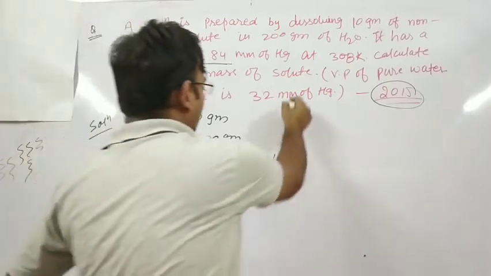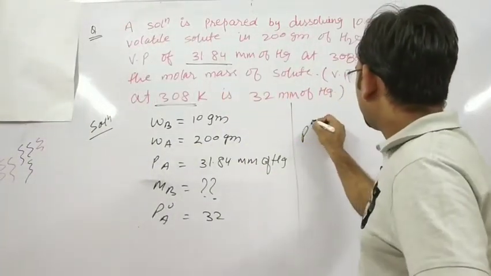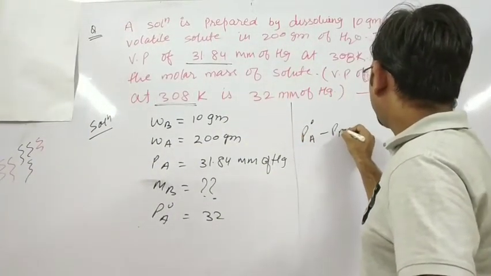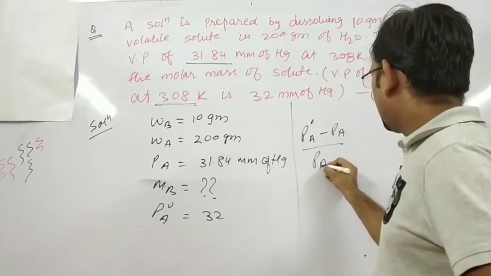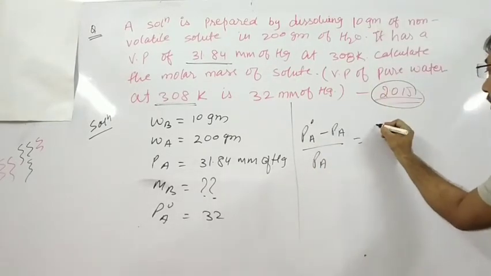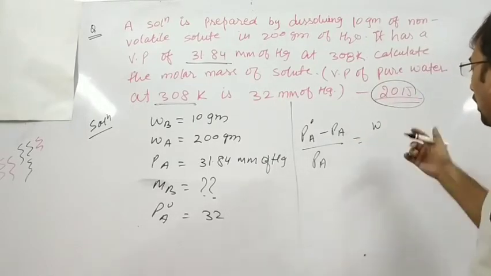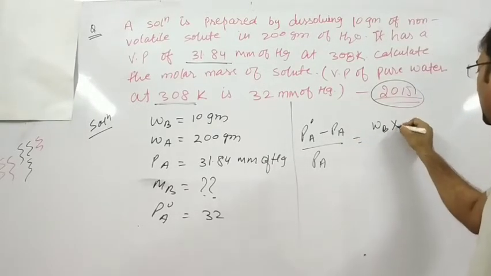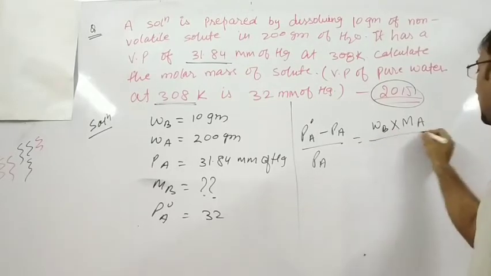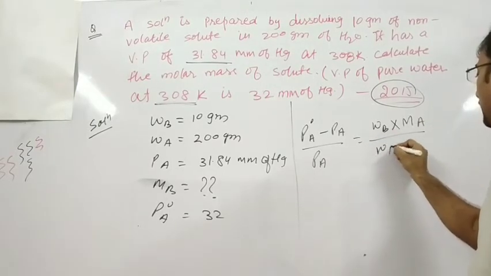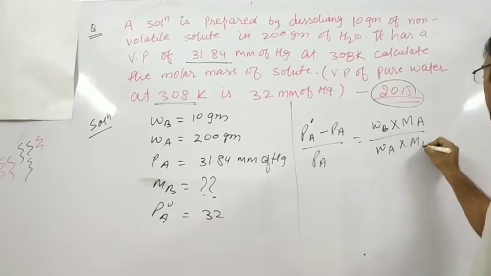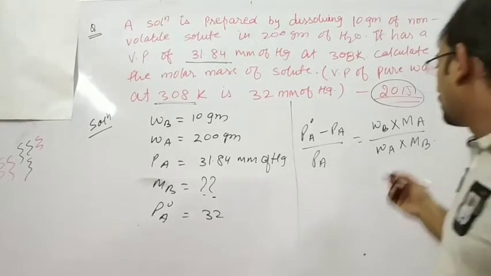So again the same formula we have to apply. We can write P naught A minus PA divided by PA. This is equal to NB by NA, or directly I am writing here WB into MA divided by WA into MB.